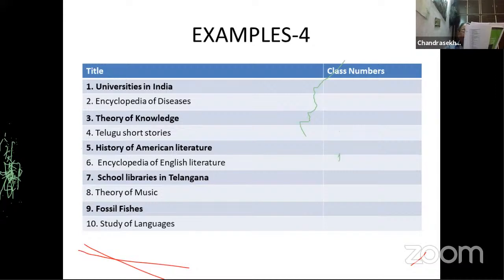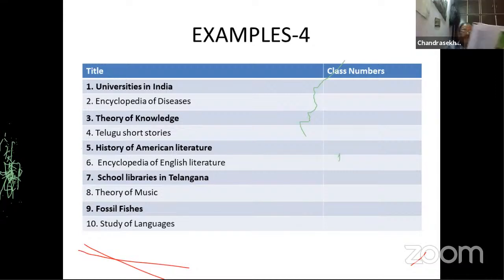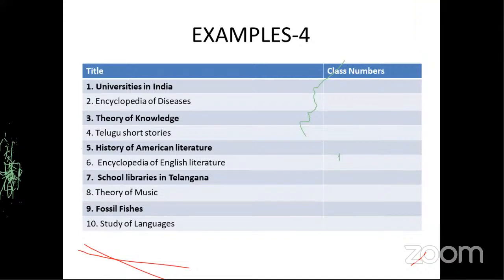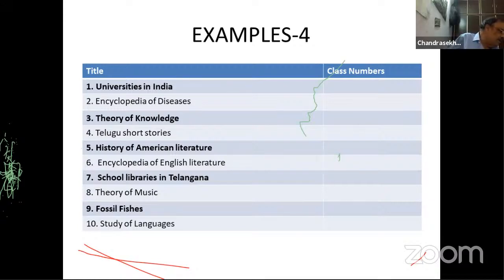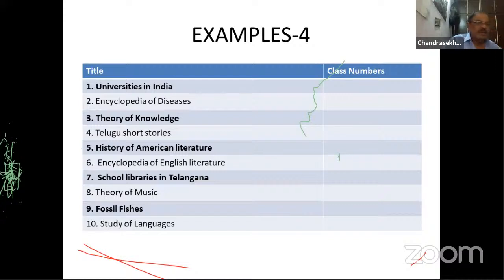Direct number is there. That one is correct, no sir? Direct number 101. Okay, sir. So then the theory of knowledge and theory of philosophy, same, sir? Same. Okay. Let us check really.